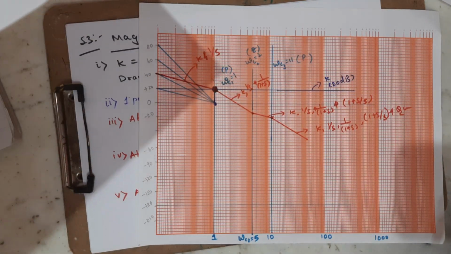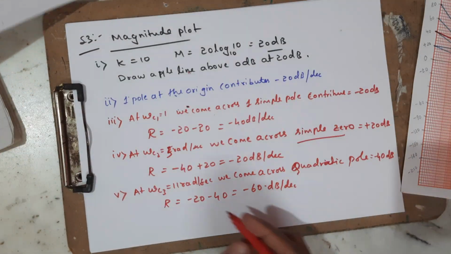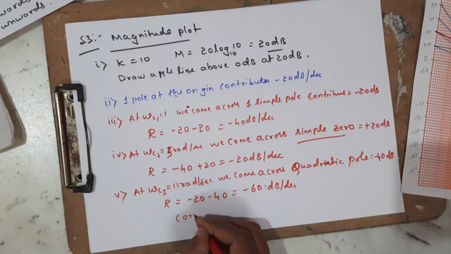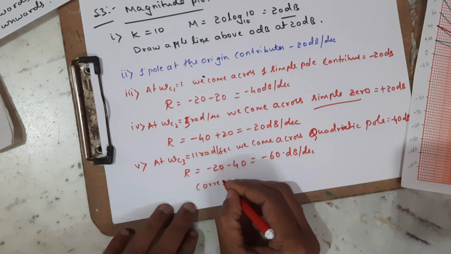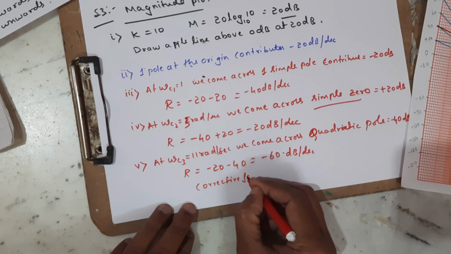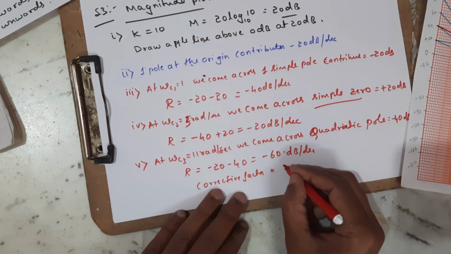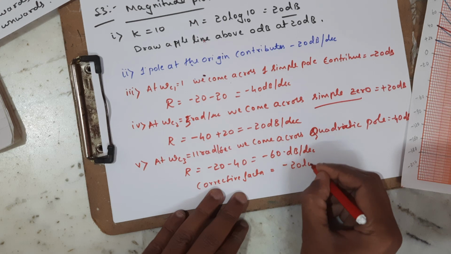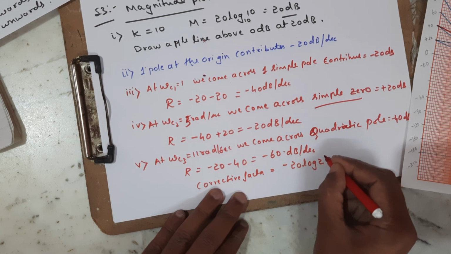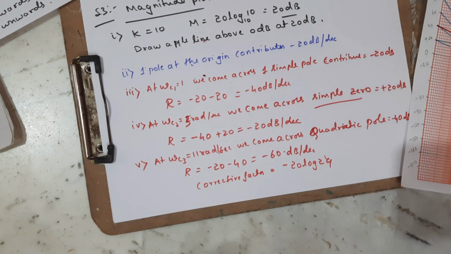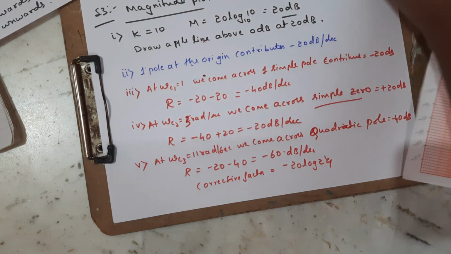Okay, what is the corrective factor we got? Corrective factor is equal to minus 20 log 2 zeta. So what is zeta?